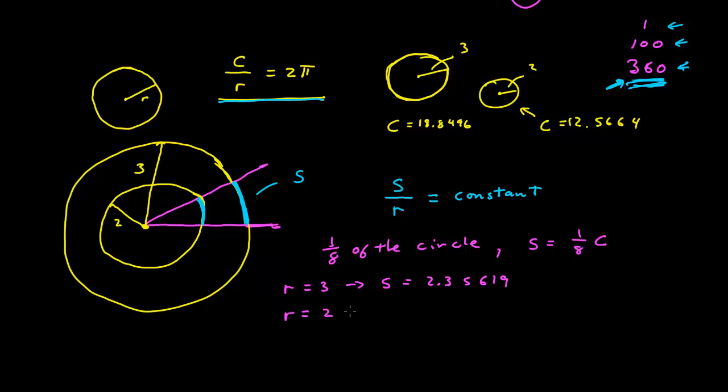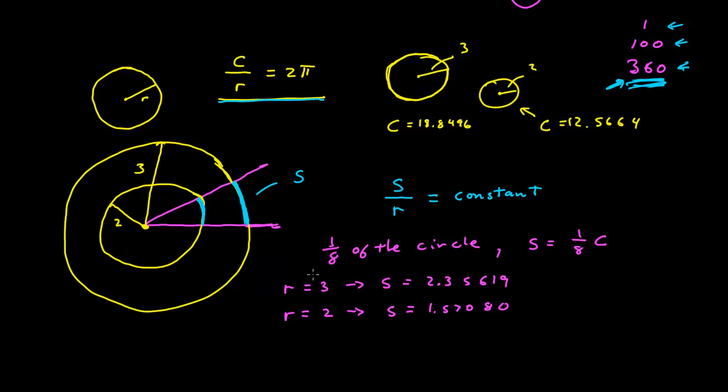For r equal to 2, the arc length is 1.5708, assuming this subtends 1/8 of the circle.